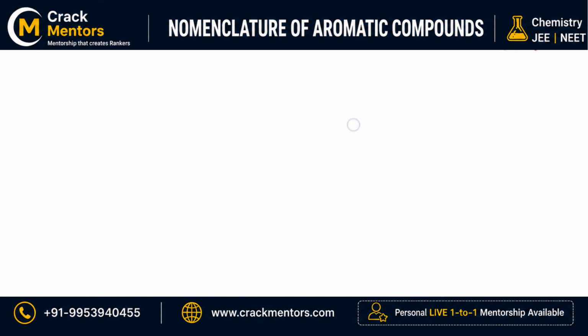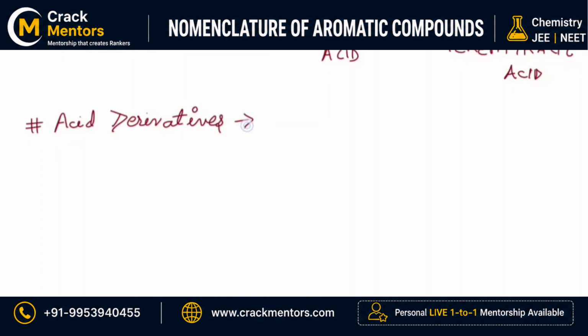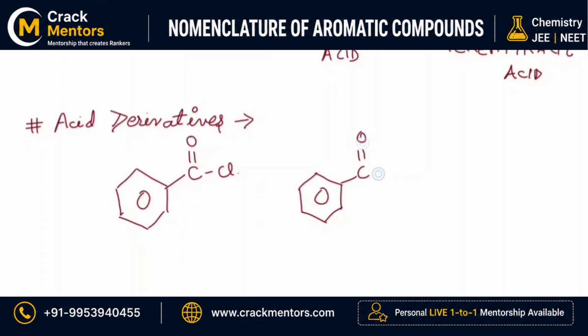Okay. Next, we will discuss acid derivatives. So first of all, in acid derivatives, we have a structure. In the place of OH, I will write Cl. In the second, in the place of C double bond OH, I am going to write NH2.